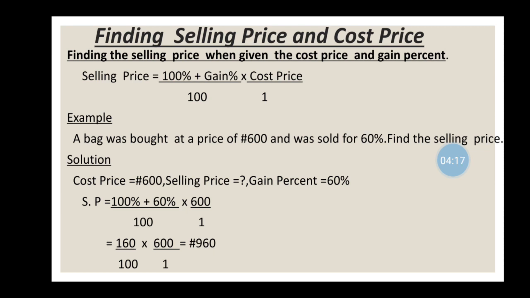So the solution: cost price is given as 600, selling price is unknown, and the gain percent is 60%. So SP will be 100 plus 60, which is your gain percent, over 100 times 600 over 1. That is 160 over 100 times 600 over 1.